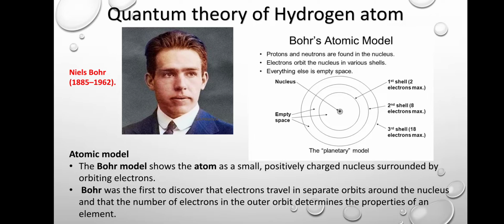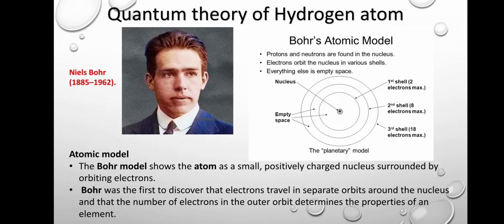All the constituent particles of the atom, the protons, electrons, neutrons, were completely explained by Niels Bohr. So we call it the atomic model. Protons and neutrons are found in the nucleus, he said. Electrons are orbiting around the nucleus in various shells. Everything else is empty space. So Bohr's model shows that the atom has a very small positively charged nucleus surrounded by orbiting electrons.